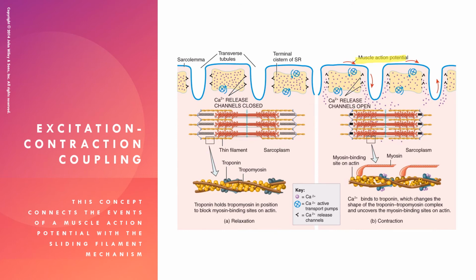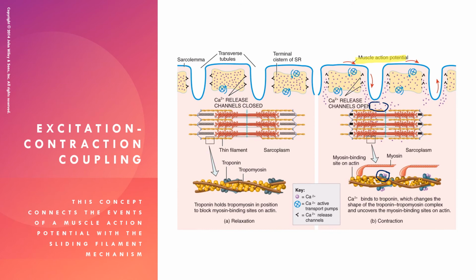As a result, the calcium concentration in the sarcoplasm rises tenfold or even more around the thick and thin filaments. Remember, this released calcium will combine with troponin, causing it to change shape. And this conformational change moves that tropomyosin away from the myosin binding sites on actin.